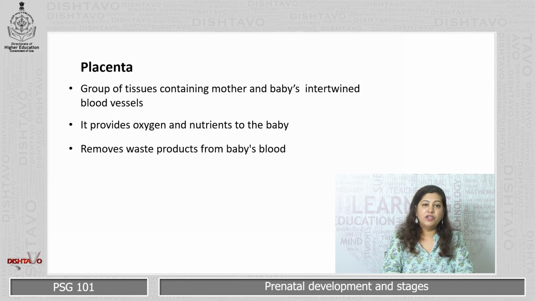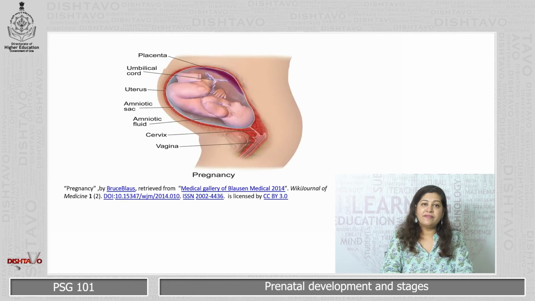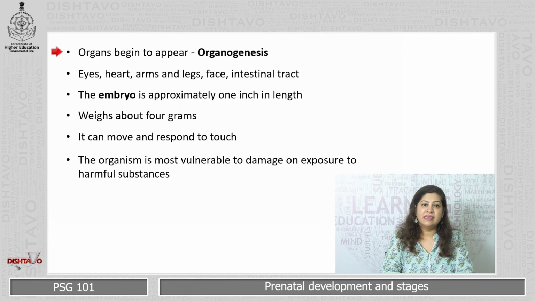In this figure, you will see the three life support systems, that is the placenta, the umbilical cord, and the amniotic sac. Another important process that occurs during this period is called organogenesis. It is the beginning of the appearance of the organs. The eyes, heart, arms, and legs, as well as the face and intestinal tract begin to form.